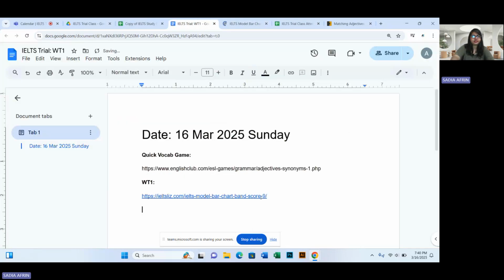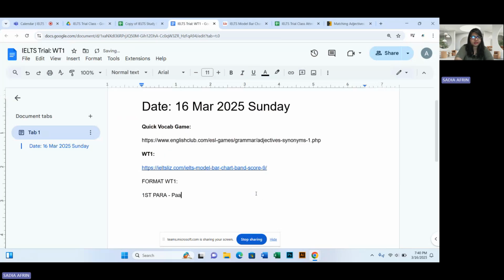So let me write down the format of writing task one. Okay. So in the first para, you have to very simply just paraphrase your question or criteria.